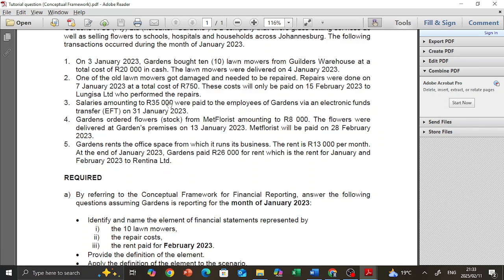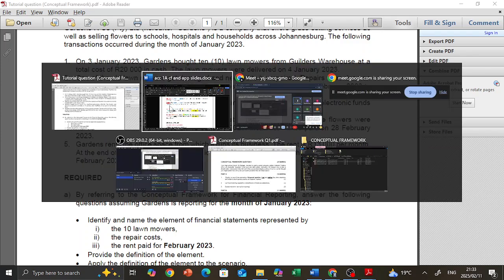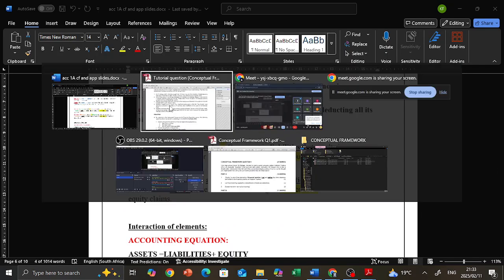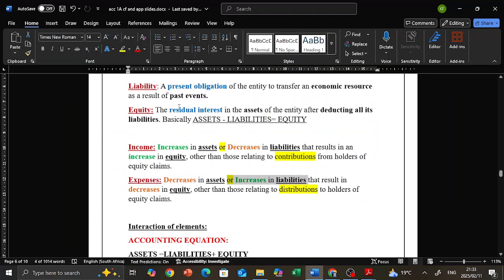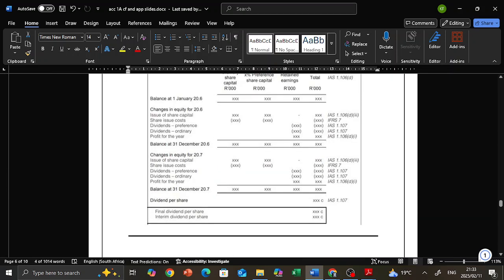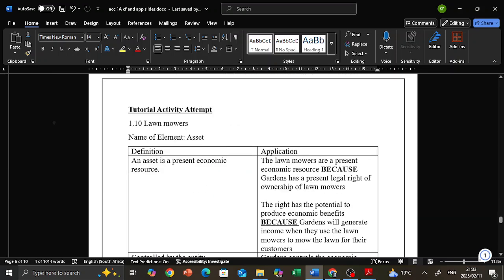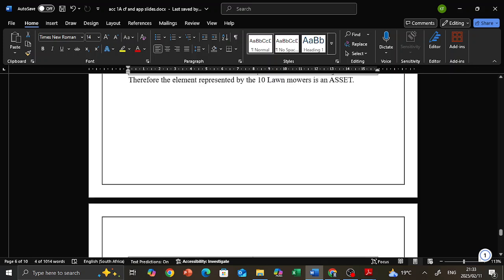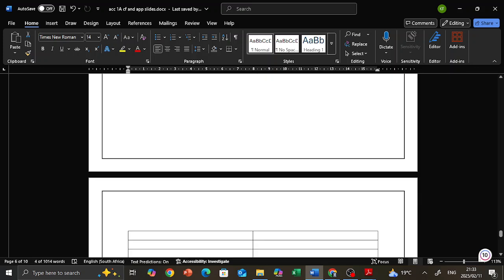But here, okay, you know what I'll do, guys? And I'm not leading you astray. I will find the official memo to show you that I'm not leading you astray. But since we have done an application of an element of financial position, let us do the application of an element of profit or loss, which is an expense.